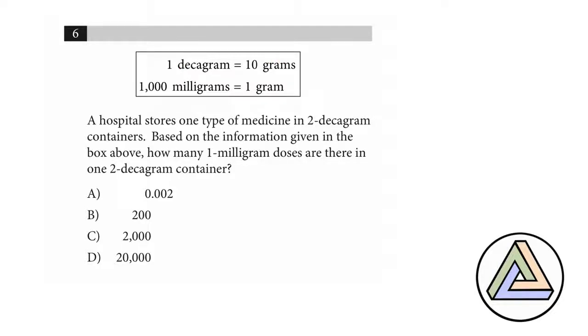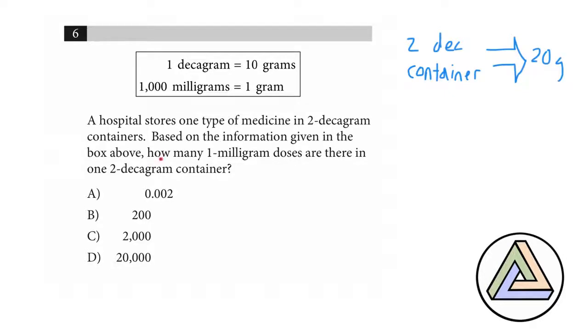So immediately my mind is going into, if we have a 2 decagram container, well, that's going to be 2 times this, right? And that's going to give me 20 grams. So I could say a 2 decagram container gives us 20 grams.